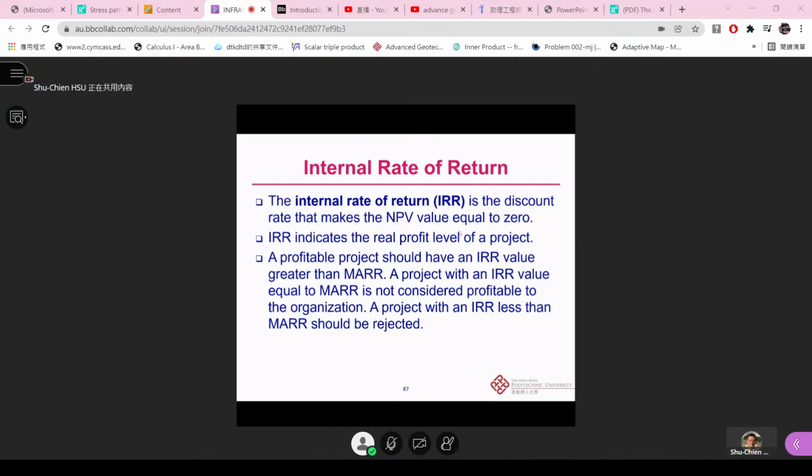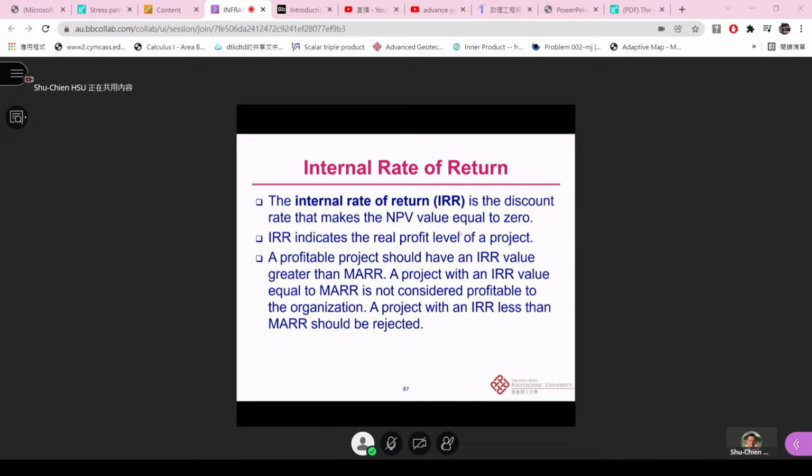So a profitable project should have an IRR value greater than MARR. Remember, we also talked about MARR last week: different companies may set different MARRs depending on how they take into account all the costs, not only direct costs but also indirect overhead and administrative costs.